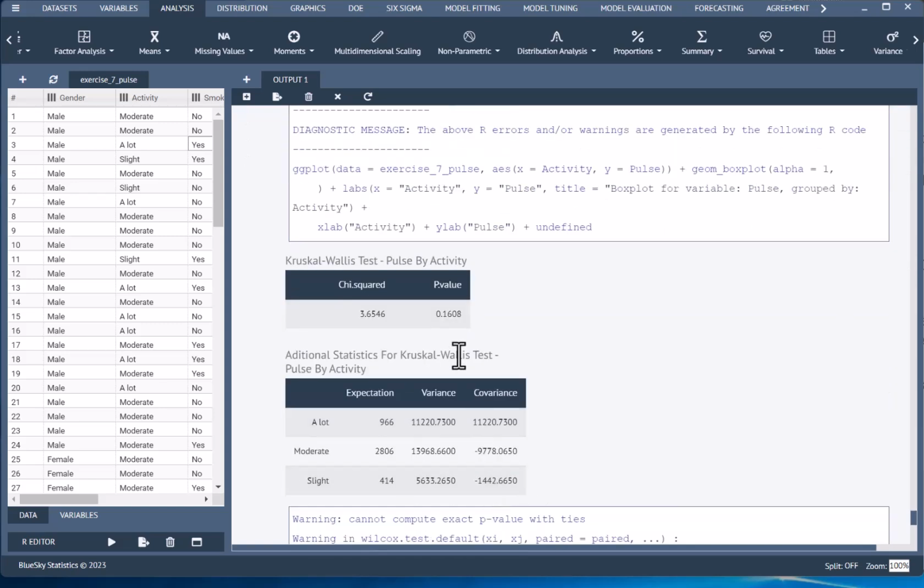Kruskal-Wallis gives us the same final result, a p-value greater than 0.05. So we can conclude from either the parametric or non-parametric analysis of variance that the pulse rate is not affected by activity levels.